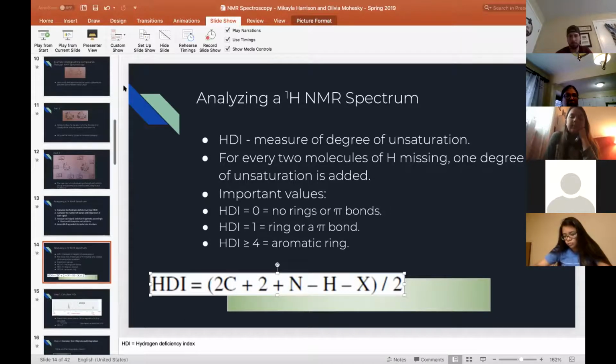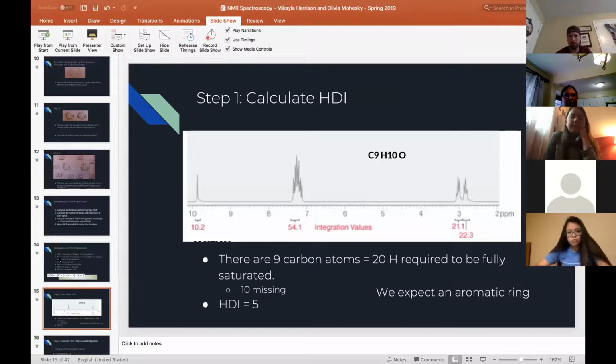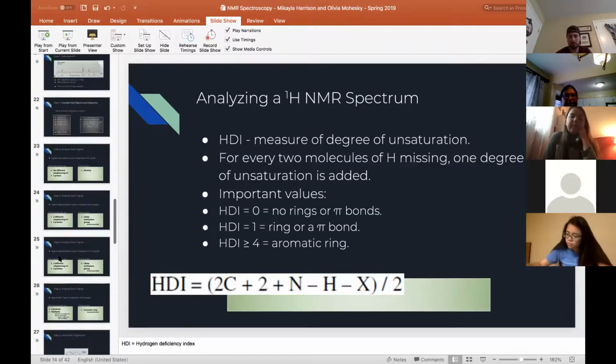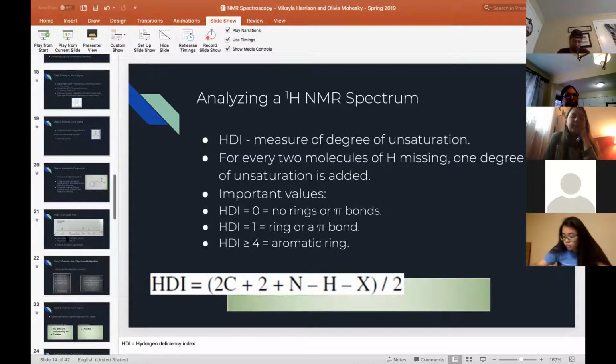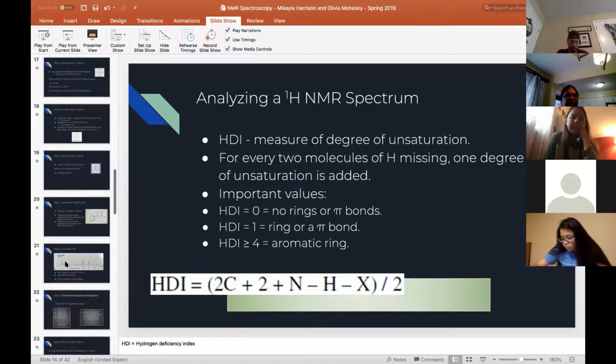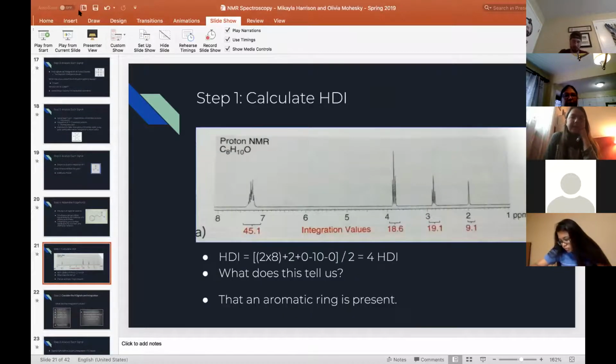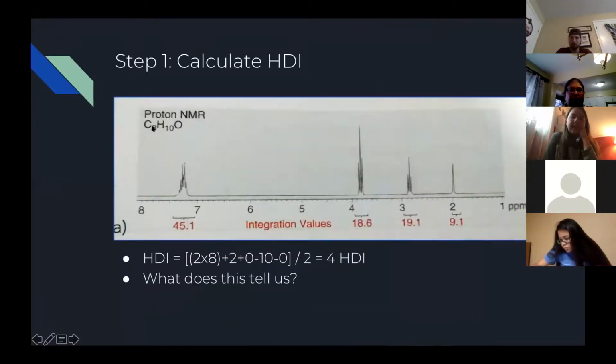So if you have a formula of C8H10O, let me go back to it. I think it was this one. Yeah. Okay, so our formula was C8H10O. So this is what we would get if we plug in all the numbers. You should see if it matches up when you plug it into the formula that I just gave you.